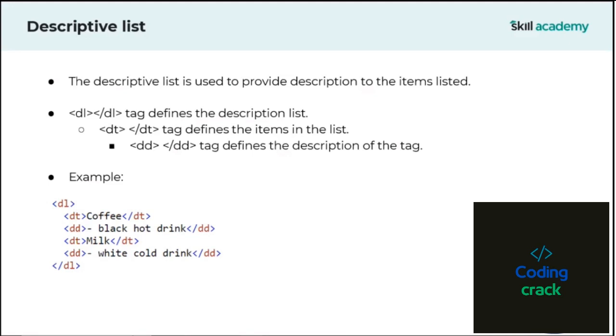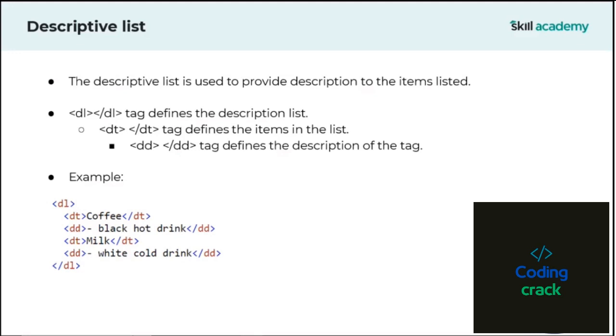So guys, always remember the descriptive list you are going to start with the DL tag. Then you are going to use DT in which you can specify the items of your list. And if you want to provide a definition or some description of those items in the list, you can use the DD tag.